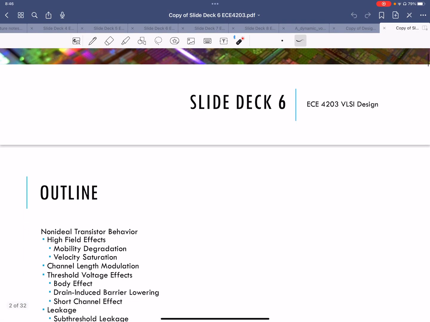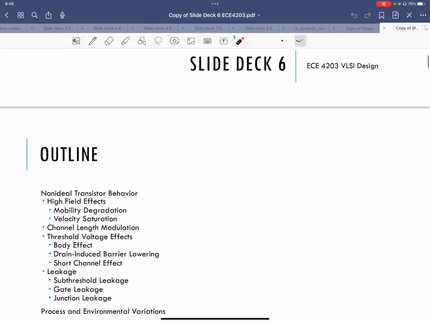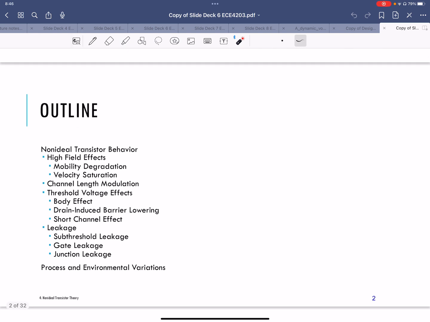Okay, guys, so this is a lecture about some of the non-ideal characteristics of transistors. This is generally an important topic and very broad and critical to chip design, especially in modern or tighter processes.